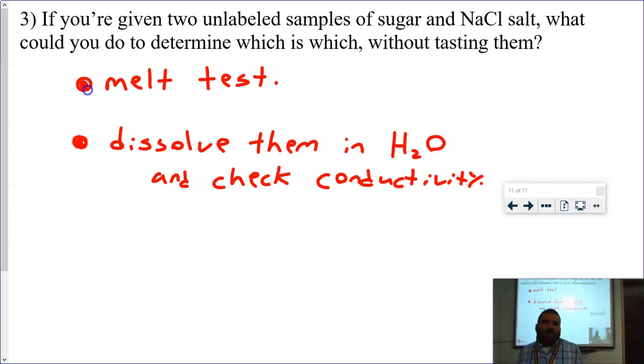When sugar dissolves in water, the whole molecule dissolves and is surrounded by the water molecules. But there are no positive and negative cations or anions. When you dissolve salt, you have cations, positive, and anions, negative, floating throughout that solution. And as a result, sugar, when dissolved, will not conduct electricity in water. Salt, when dissolved, will conduct electricity in water.